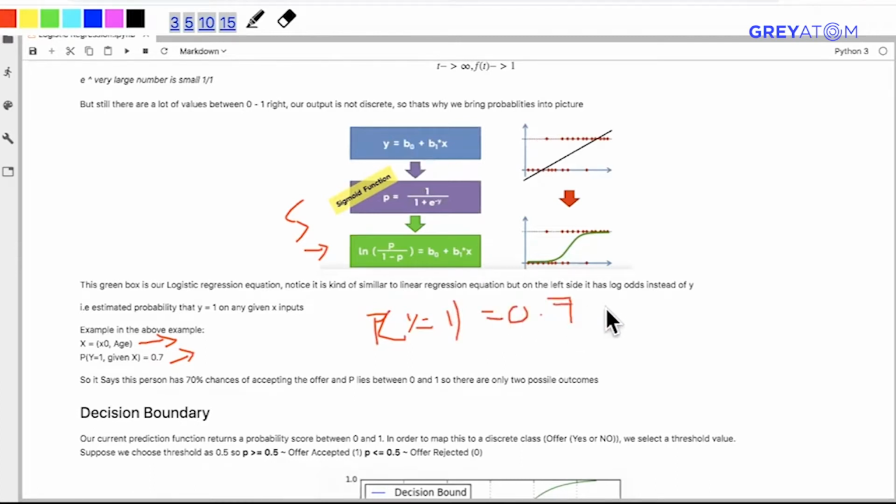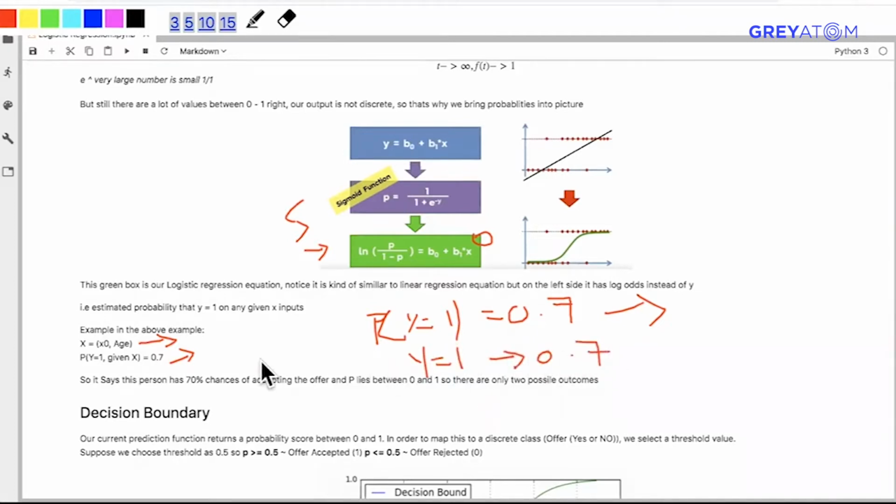This is the output of this equation. This is the logistic regression output, wherein we have probability on the left hand side and the value on the right hand side. So this is saying that the estimated probability of y being 1 is 0.7.